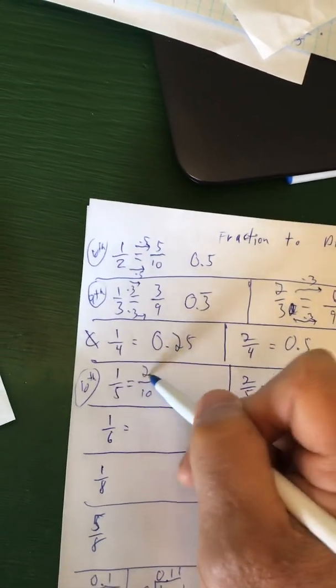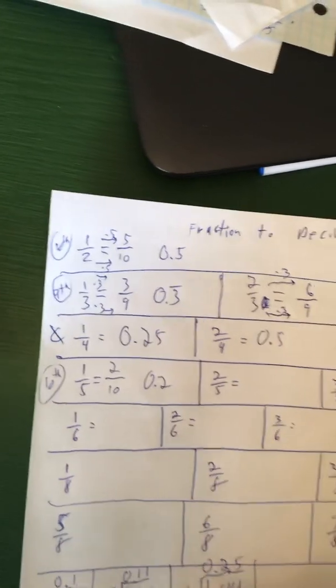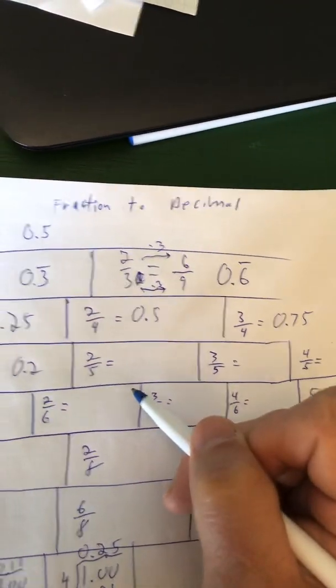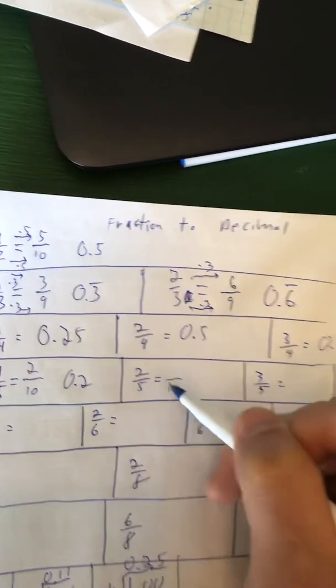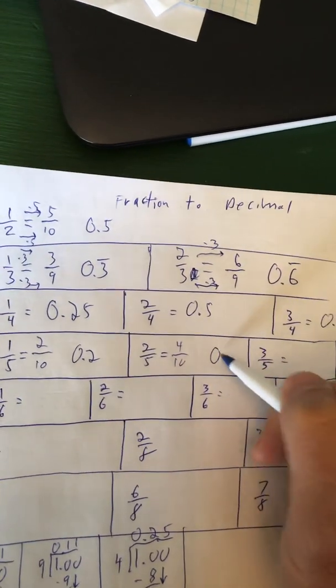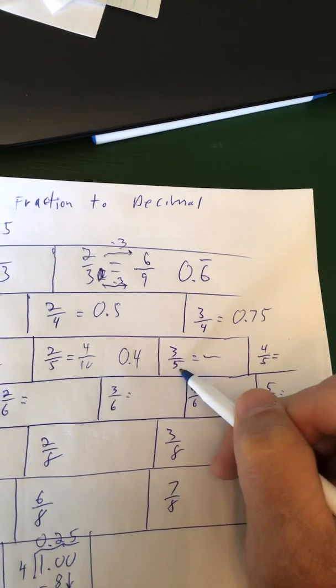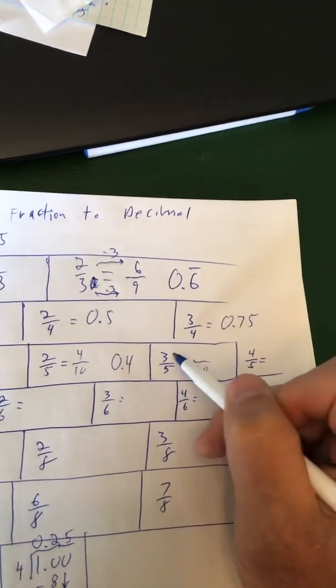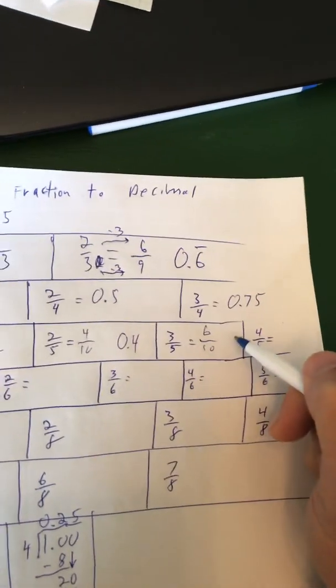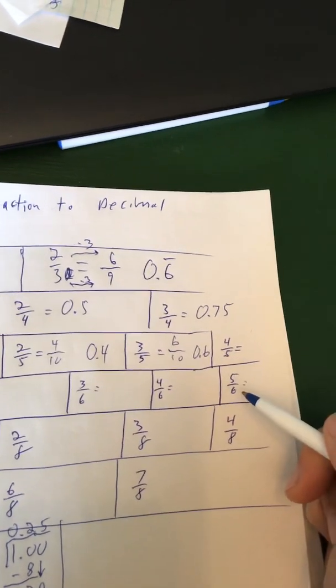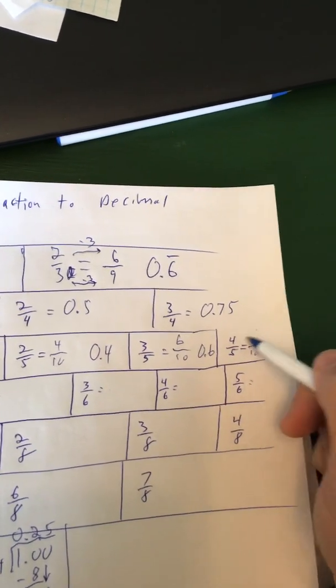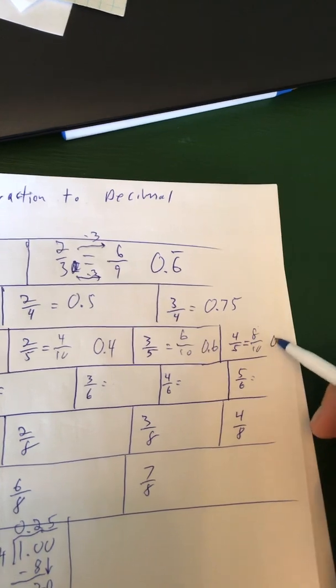Times 2 times 2, it's 2 tenths. 2/5 is times 2 times 2, that's 4 tenths. 3/5 is how many tenths? Times 2 times 2. It's 6 tenths. And this is times 2 times 2, that's 8 tenths.